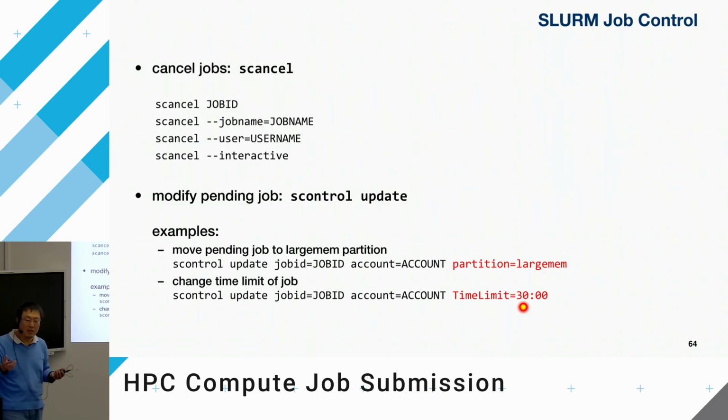And what you need is to just run a quick test. Then you can update your job information, the time limit, to 30 minutes. And then the scheduler may schedule this 30-minute job immediately, because 30 minutes costs, let's say, almost nothing. So those are very useful tricks.